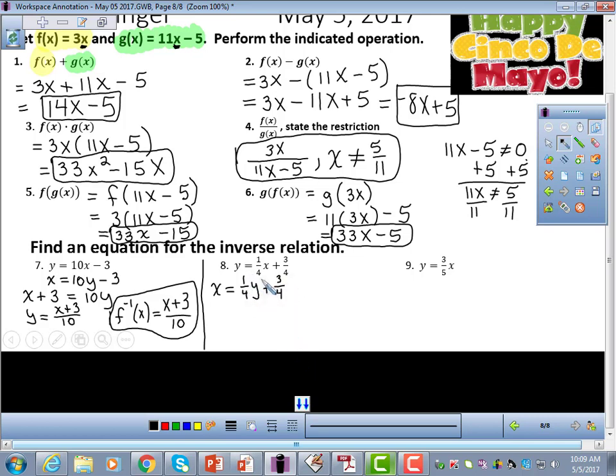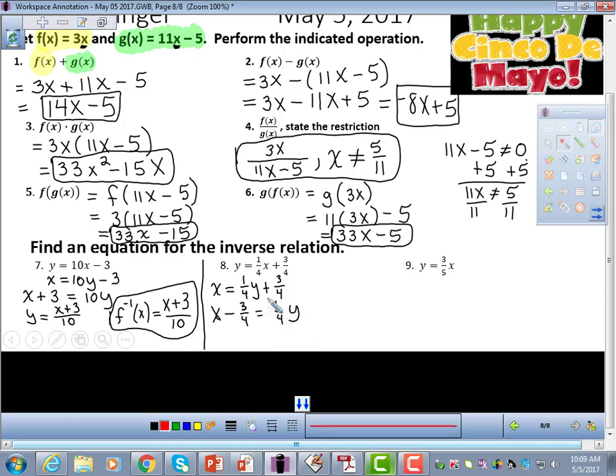I need to isolate the y, so what am I going to do? Okay, I now have x minus 3/4 is equal to 1/4 y.